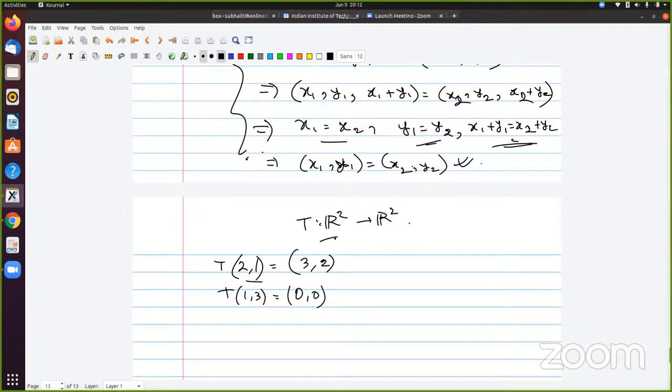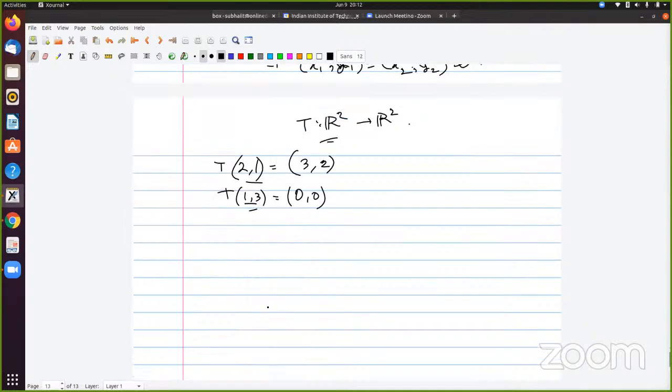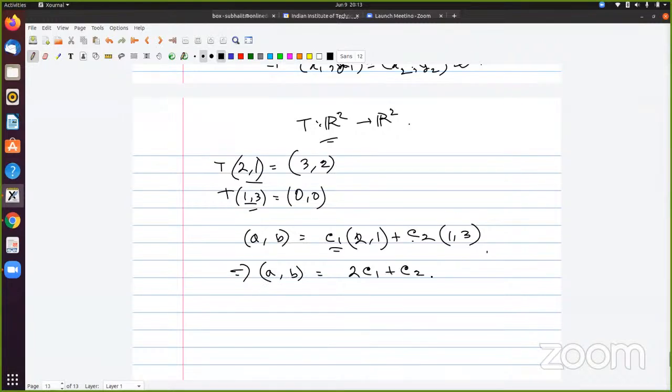Any element, say (a,b) of R2, can be written as a linear combination of, say, c1 times (2,1) and c2 times (1,3), correct? Can you solve c1 and c2 in terms of a and b? Yes. What is the solution?